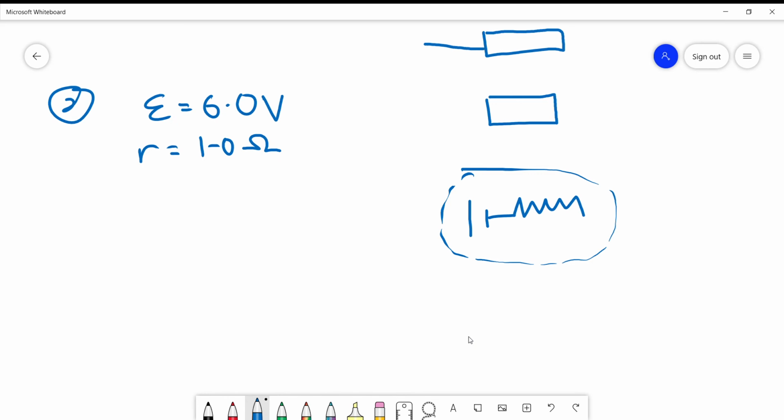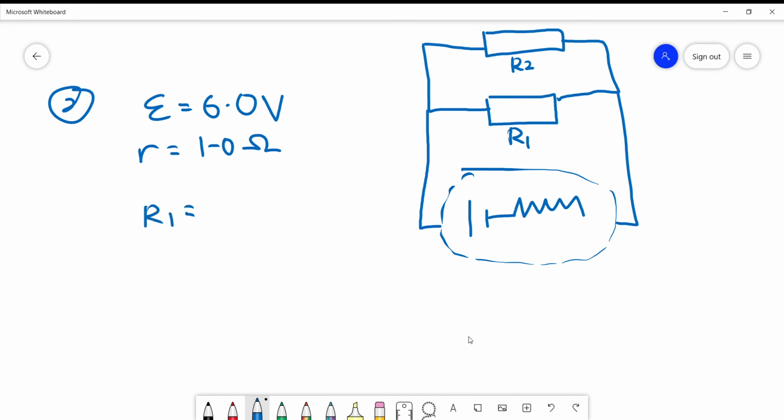So basically this circuit is in the form of parallel. I consider this as R1 and this is R2. R1 is 3 ohm, and my R2 is 6 ohm.